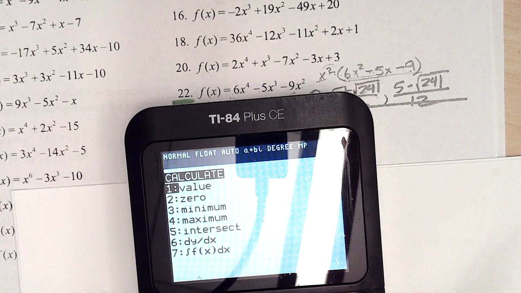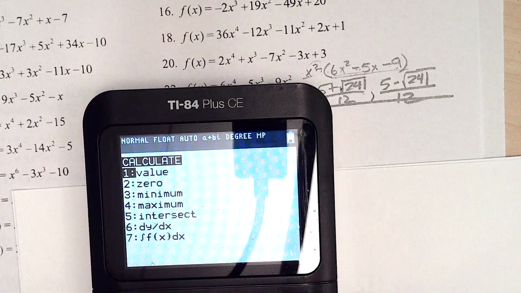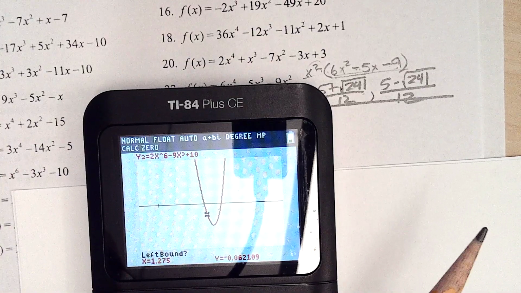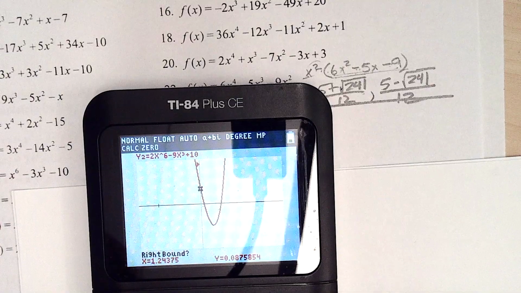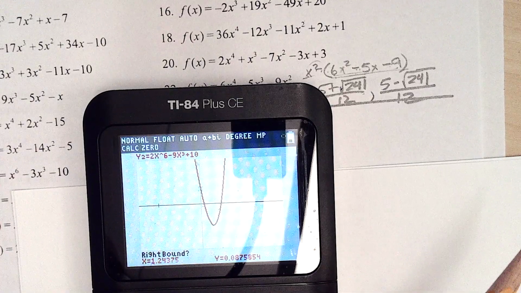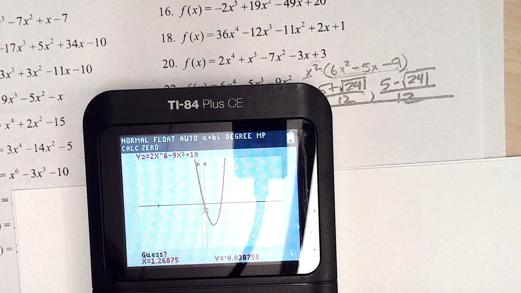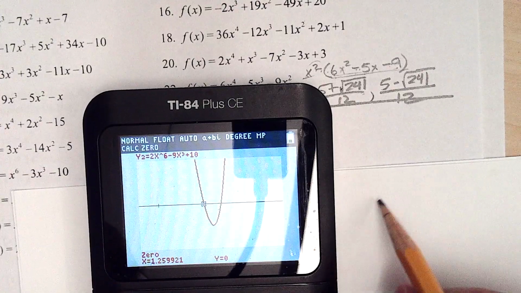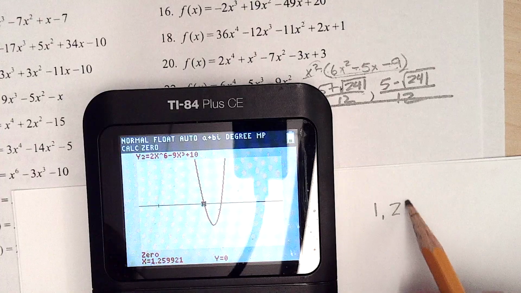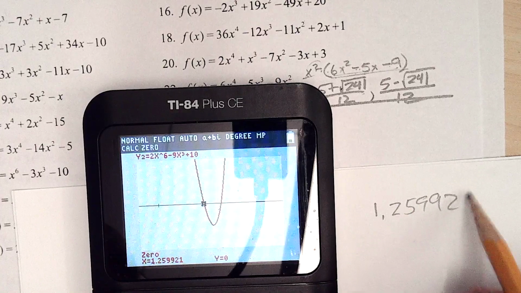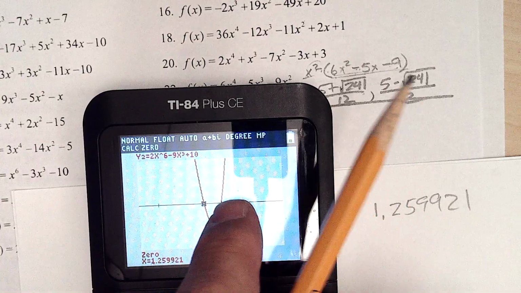Second, calculate the 0 that's between here and here, and this is close to it, and it says 1.259921, and the other one's over here.